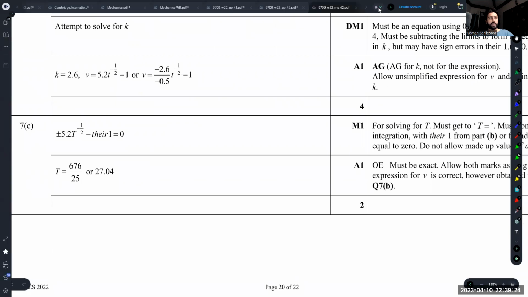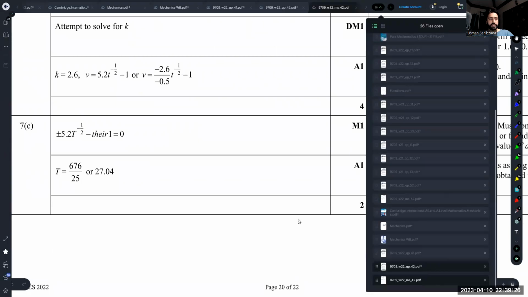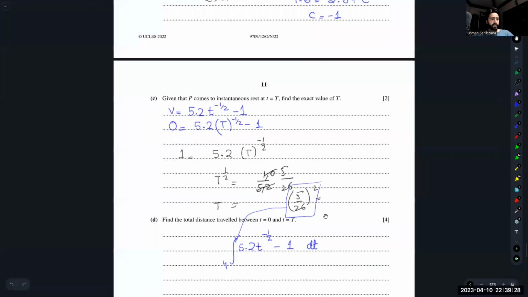676/25. 676/25. ओ उल्टा है. उल्टा क्यों है? So this is what we had. यहाँ पे -1 उधर गया था, +1 हो गया था, 5.2 डिवाइड किया, t की पावर -½ so t की पावर +½ became 5.2/1. ठीक है, मेरे दिमाग में किया था तो ये गलती हो गई.